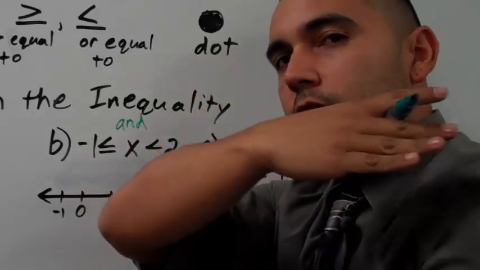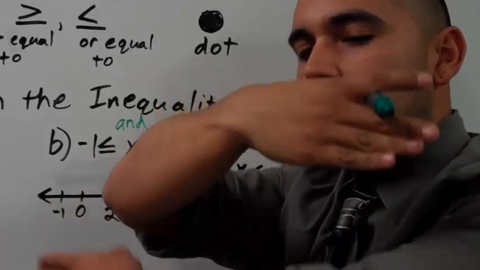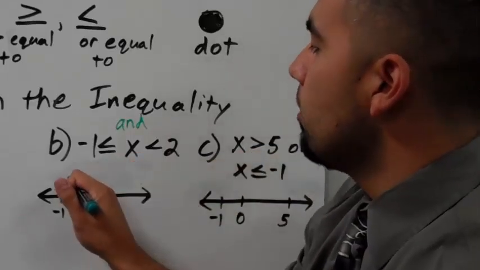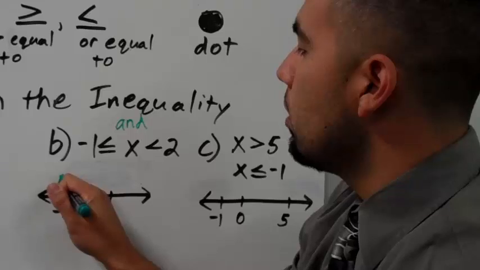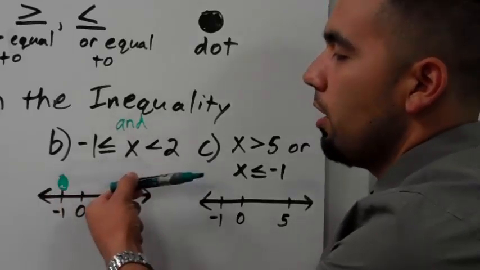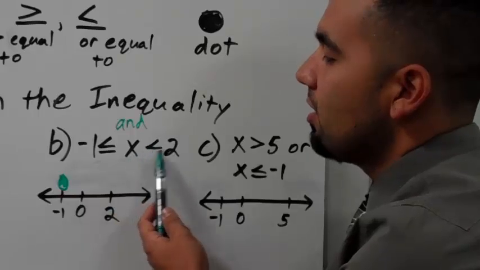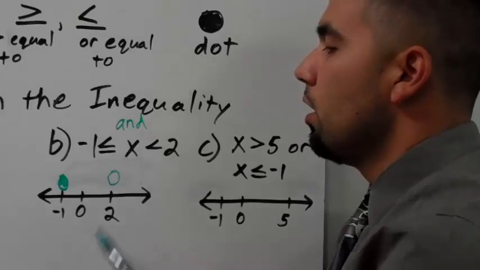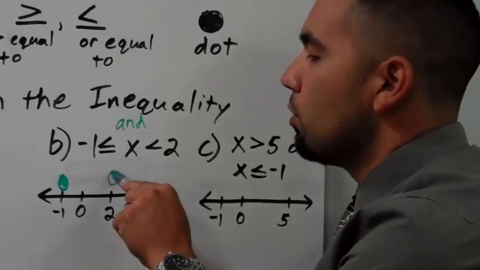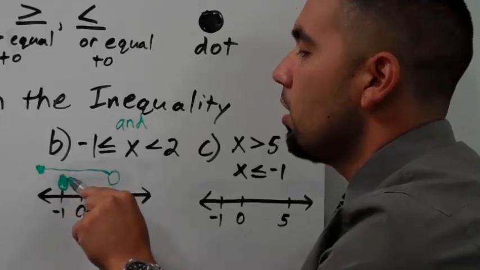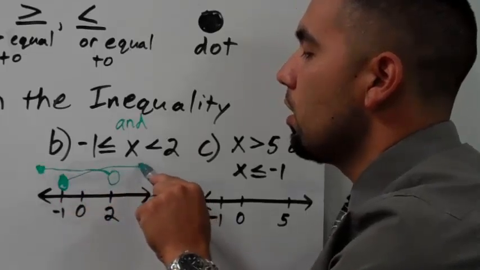If one's going this way and one's going this way, the only place that's the answer is where the two meet. So if I look here, -1, I know I need a closed circle there, and my arrow should be going this way. I also have x is less than 2, so here I have an open circle. But if we notice, if we drew lines, this one would be going this way, and this one would be going this way.